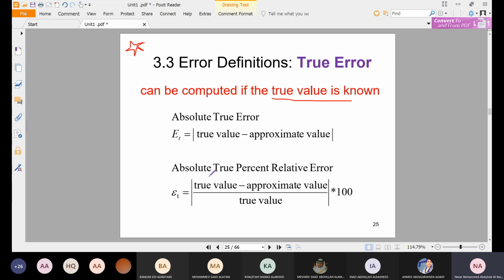So the absolute true percentage relative error, we use a small epsilon here. This equals the true value minus the approximation value over the true value, multiplied by 100, to put this as a percentage of the final result.